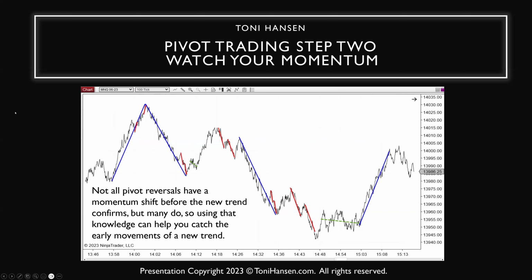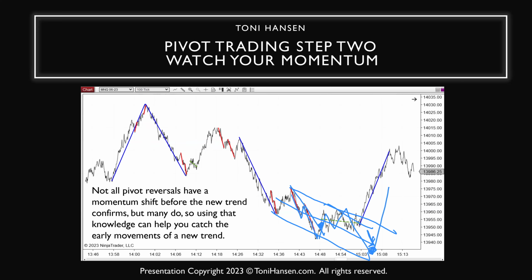So if you're taking something just where you've got the two measured impulse moves and you're taking that channel break as your entry, you could still run the risk that it could come down and form a larger trend shift. You could get the momentum shifting like this that would still give you a lower low.